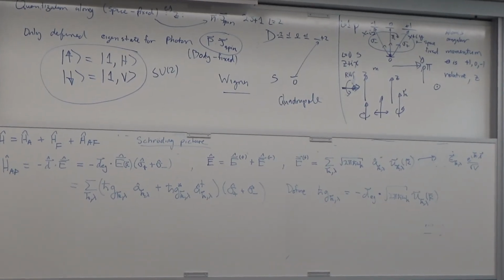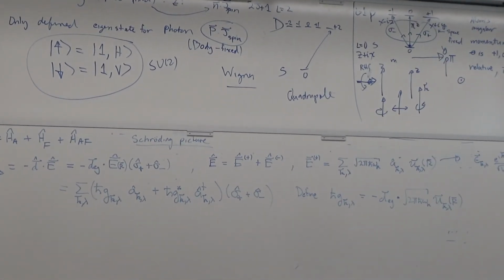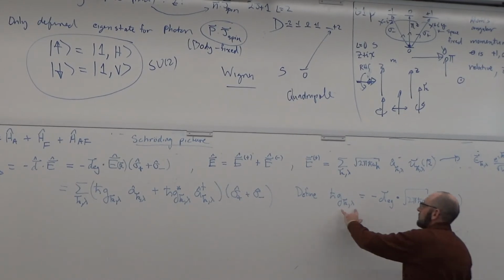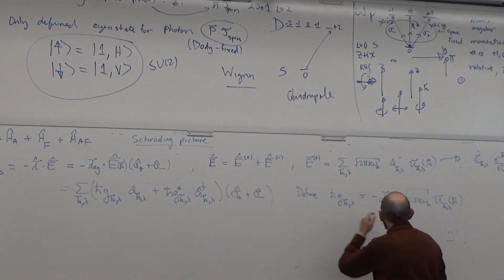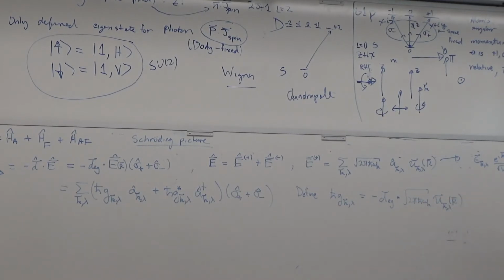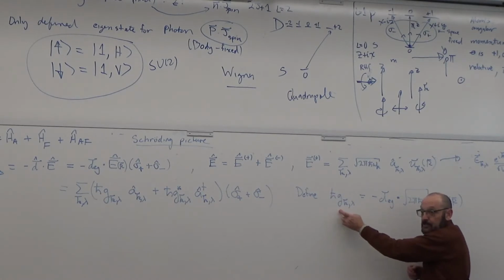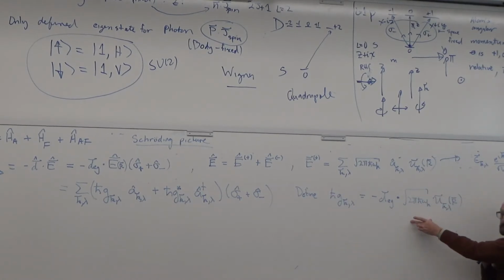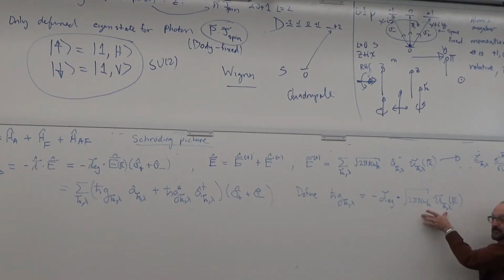Question for you. What are the units of this thing I've called G? Frequency. How do you see that? Yeah, because H bar times G is an energy. Does it make sense on the right-hand side? Well, it's a dipole times an electric field.